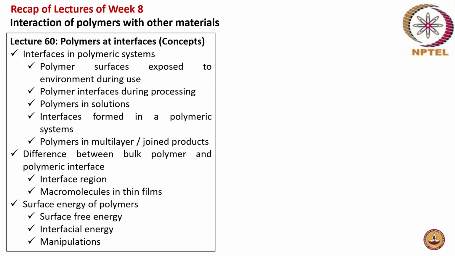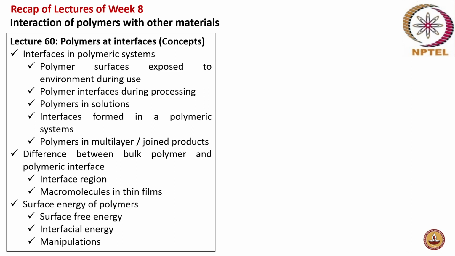And what are the interfaces within the polymer itself? Within the polymeric system also there may be some interfaces. For example, in a semi-crystalline polymer you will have a crystalline phase and an amorphous phase, and at that point an interface is formed between the crystalline and amorphous regions.